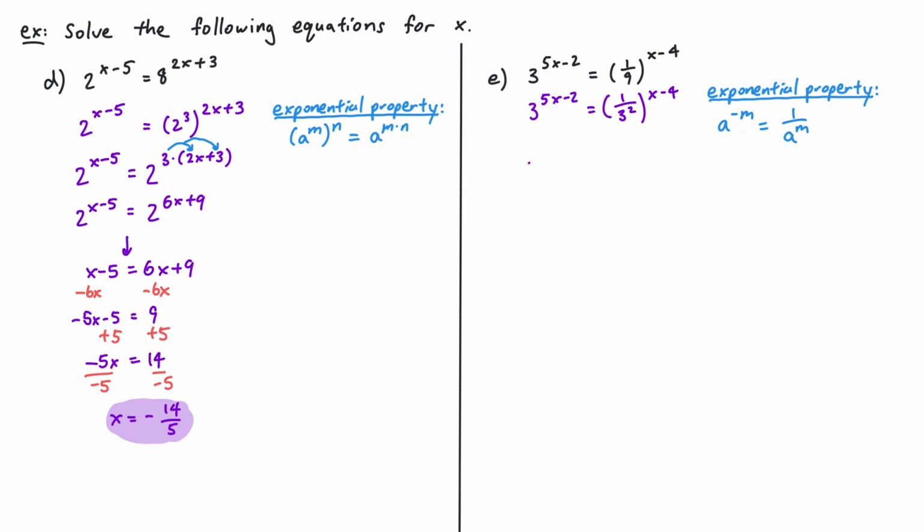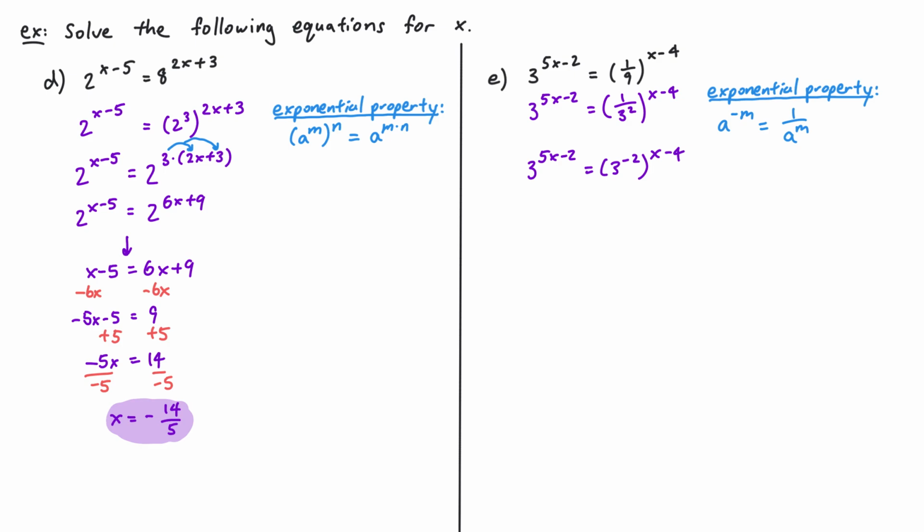So our equation is going to look like 3 to the power of 5x minus 2 equals 3 to the power of negative 2, all to the power of x minus 4. Next, we're going to simplify this right-hand side using our exponential property here. If I have a to the power of m and I raise it to the power of n, we can simplify this by multiplying the two exponents.